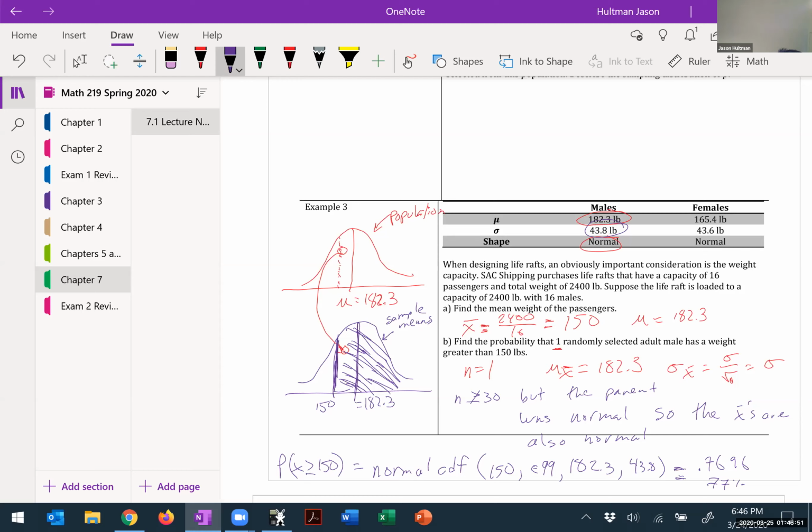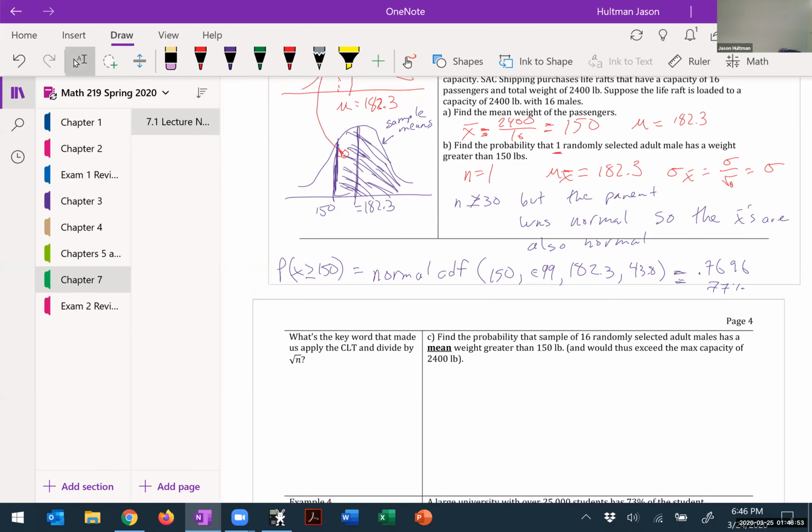So now, part C: find the probability that a sample of 16 randomly selected adult males has a mean weight greater than 150 pounds.